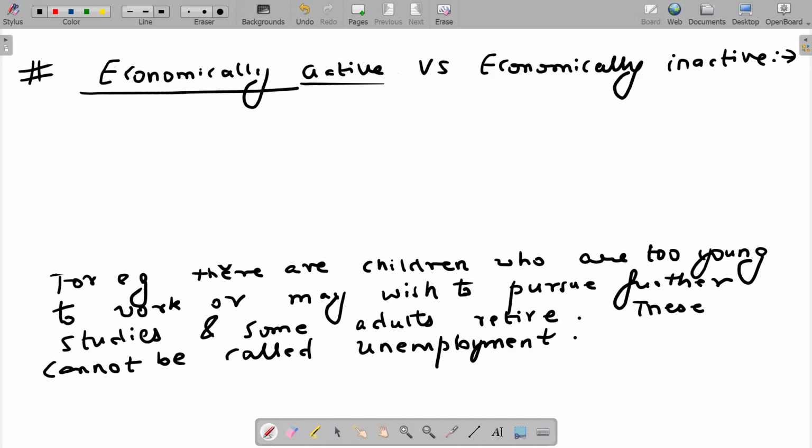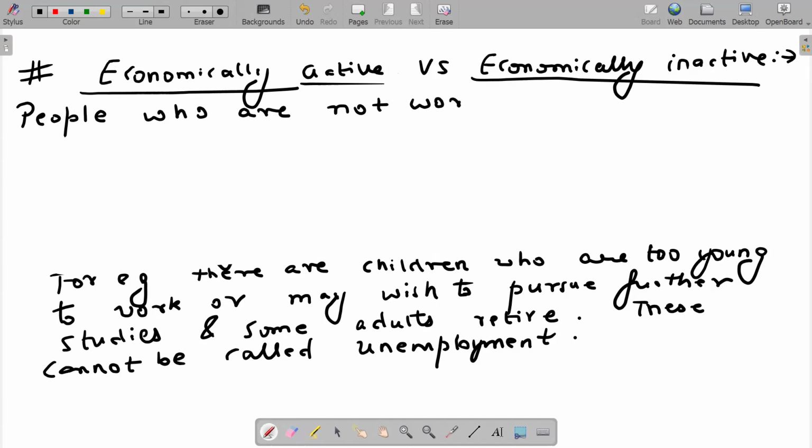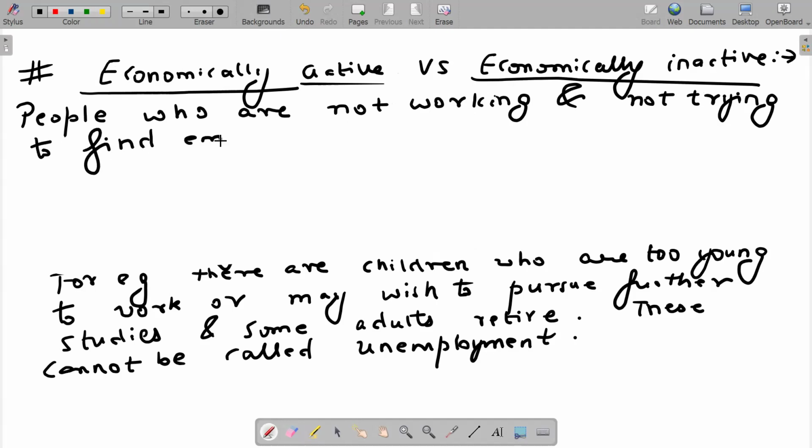So I can now write that people who are not working and are not interested in finding a job are said to be economically inactive.